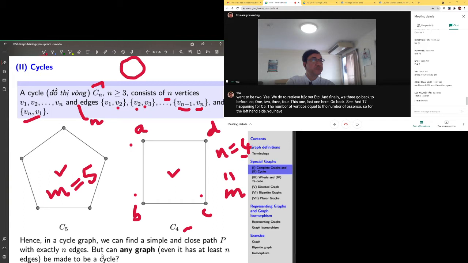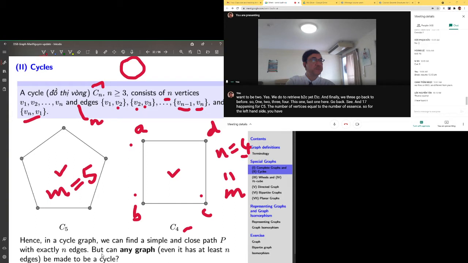This one we call an open path. But if at the point here I do not stop, but I continue to go back to the original one right here, that means we make a cycle. So we call that a closed path, exactly, and connection. So this is the property we know in the cycle graph.